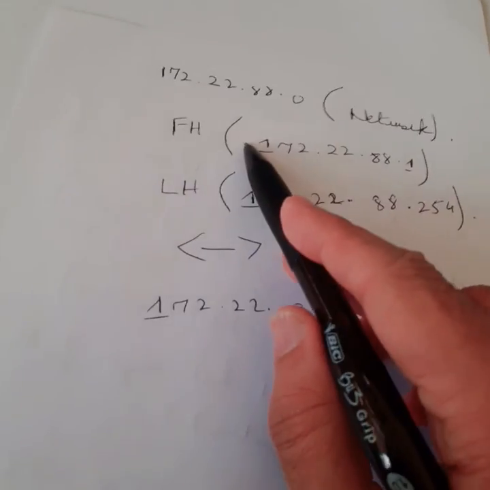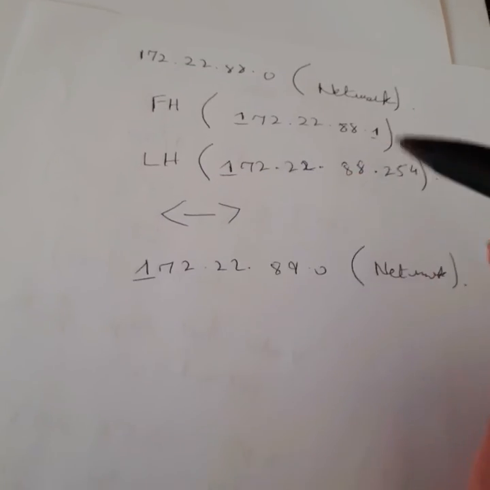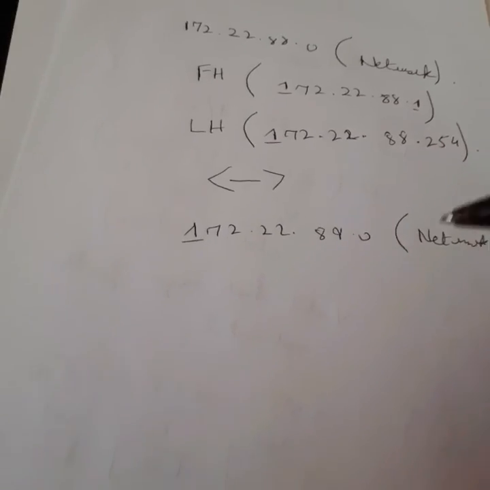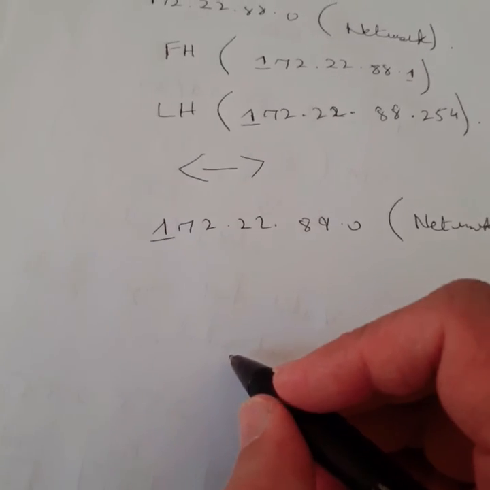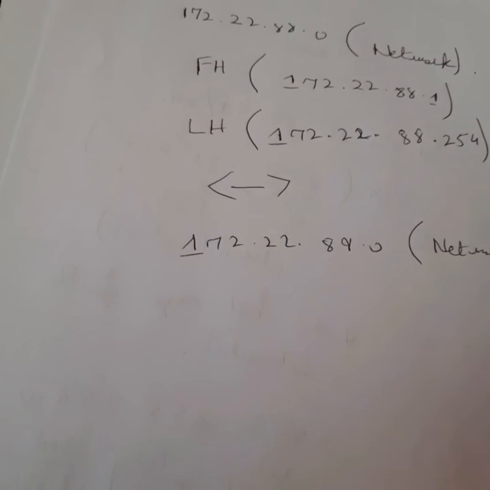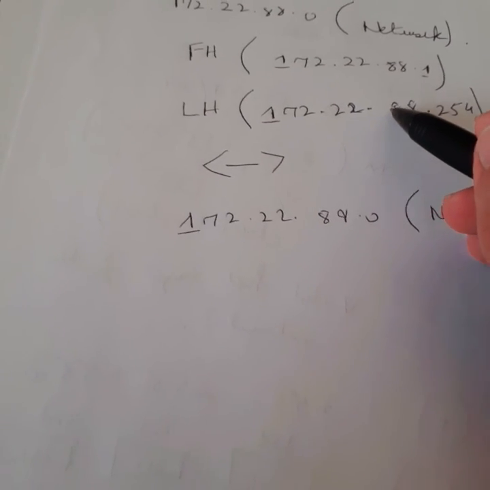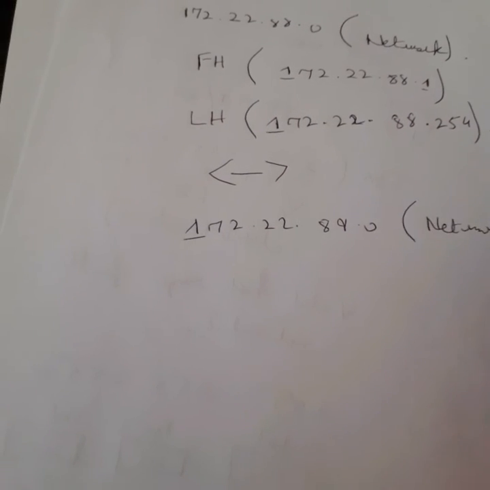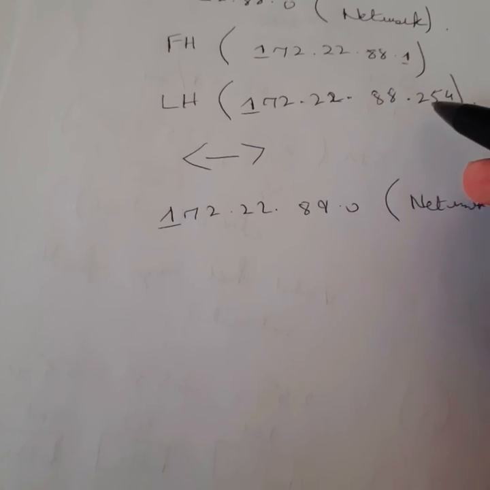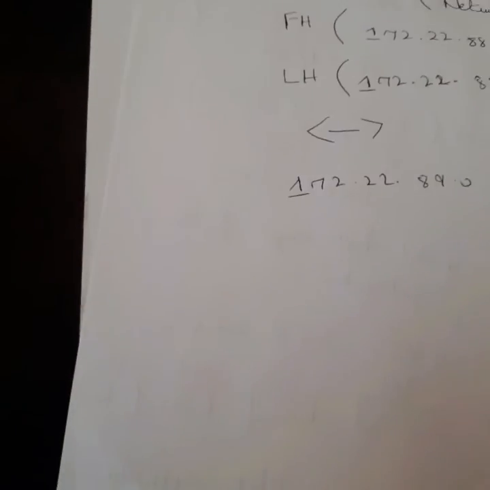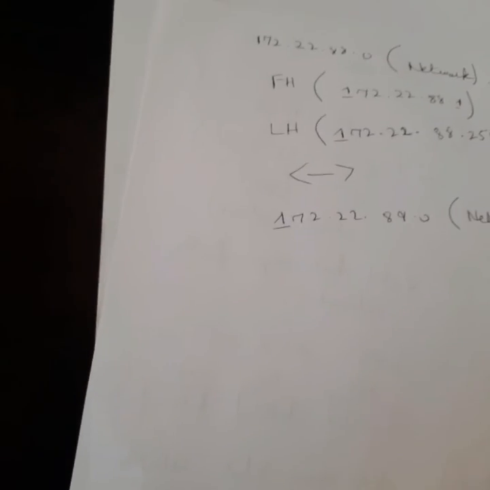In actual fact, we are allocating this range to different network devices. It might be my PC at my home, which is at 88.1, and then my other laptop in my home might be 88.254. I'll give you a brief overview how it goes, but don't stress at that time. Just practice this class B one, and I'll see you in my next video.